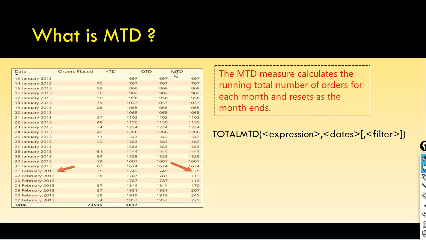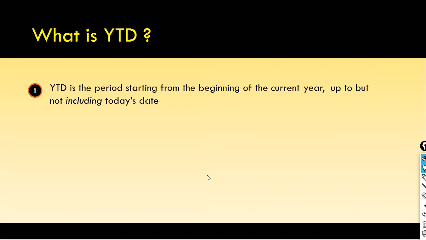In simple terms, when you use month to date, it is doing the running total. Every month beginning, the cumulative value will get reset. Similarly, for every new quarter, the value will get reset. Every new year, the value will get reset, like month to date. Got it? Anyhow, I'll show you in Power BI Desktop, don't worry.